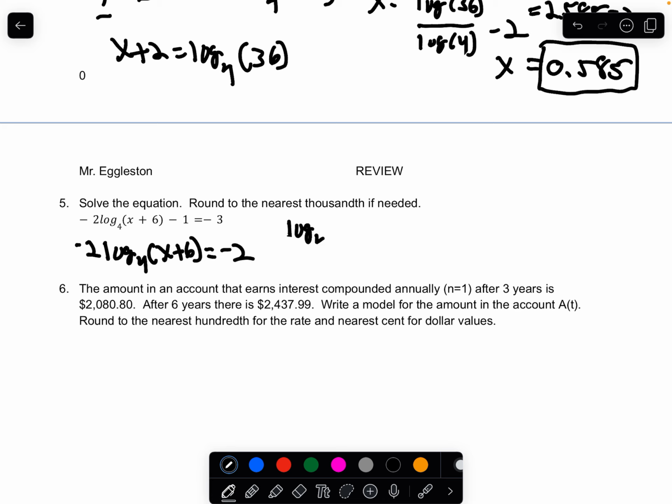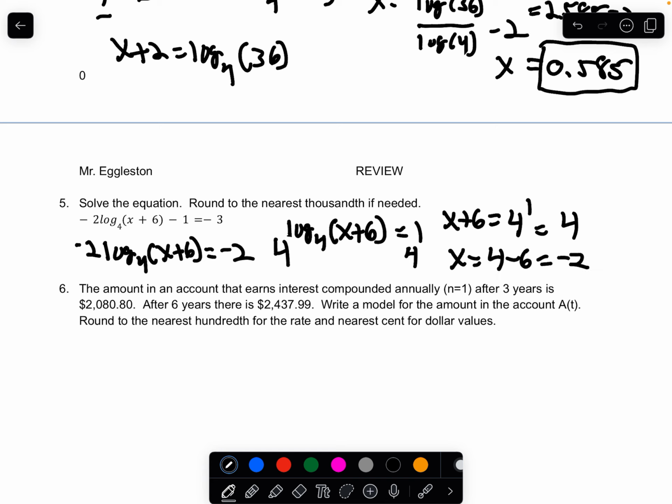And you end up with log base 4 of x plus 6 equals 1. We exponentiate both sides to get rid of the logarithm, we end up with x plus 6 equals 4 to the first power, which is 4. So x equals 4 minus 6, which is -2.